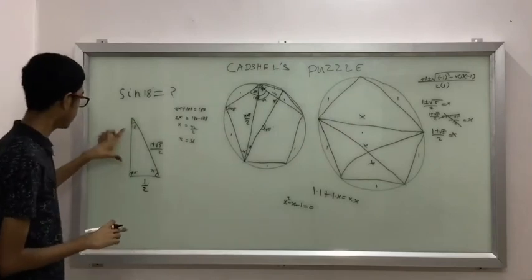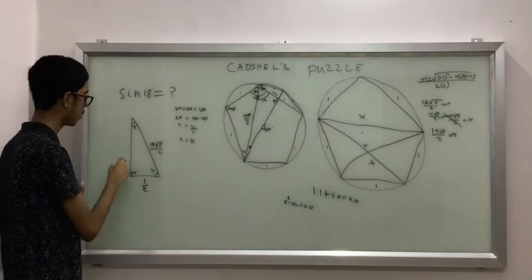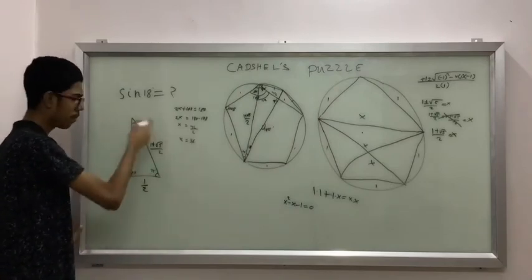In this, there's no need to find this value because we are finding sine 18. Sine 18 is what? Opposite by hypotenuse.